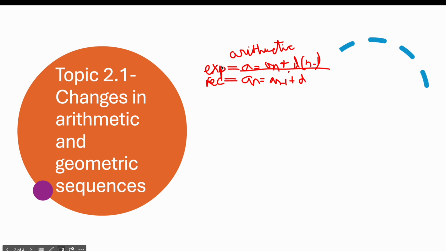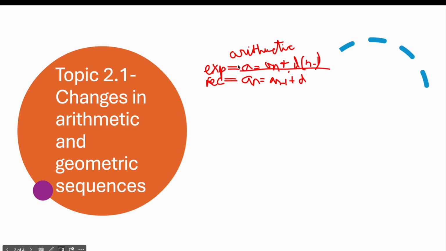The difference between an explicit and recursive formula is that if you were to find the next few numbers of an arithmetic sequence, you would use the explicit formula. Since a_n is equal to a1 plus d times n minus 1, this n refers to the number of times that you completed the sequence.